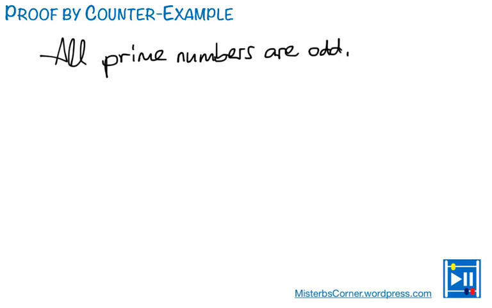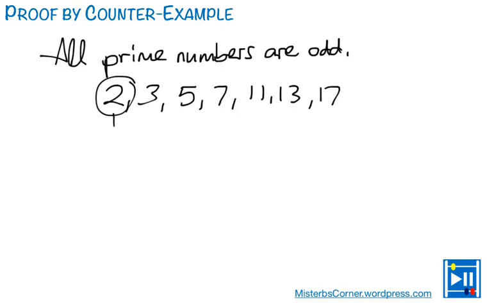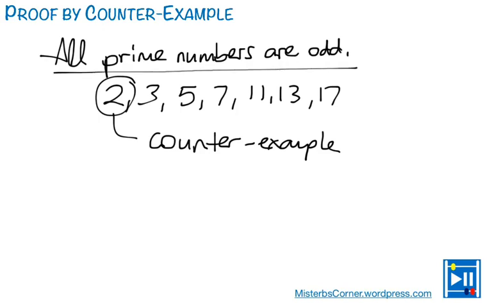Well, thinking of the prime numbers, it goes without saying that this is almost true. But remember, the first prime number is 2. This is our counterexample. So if someone says all primes are odd, you just say, well, 2.